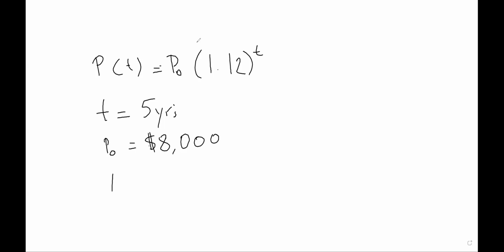So then we can say P bracket T, which is equivalent to 5, is going to be equal to P naught, which is $8,000, bracket 1.12 raised to the power of T, and we also determined that T is equal to 5, right?